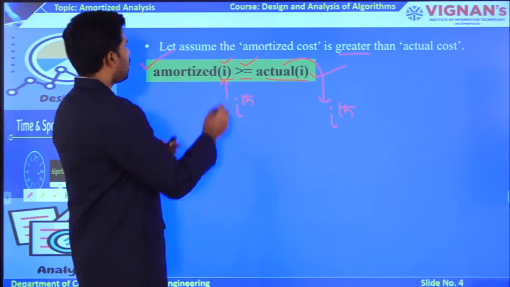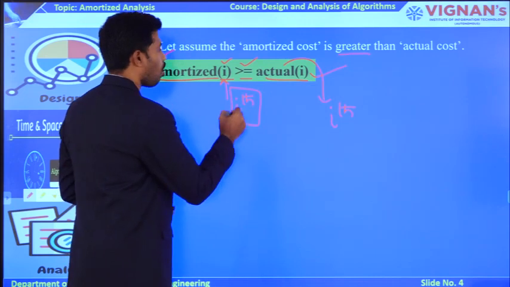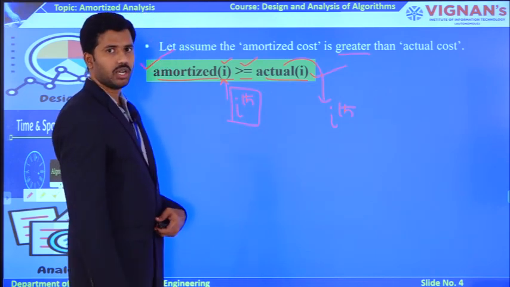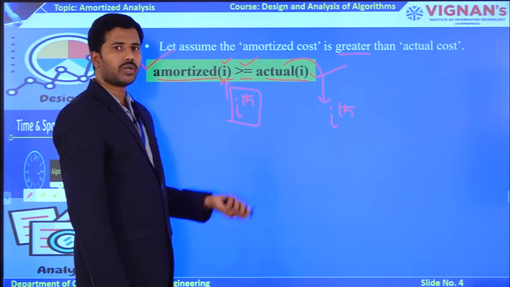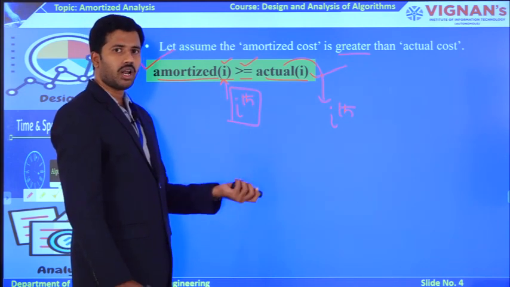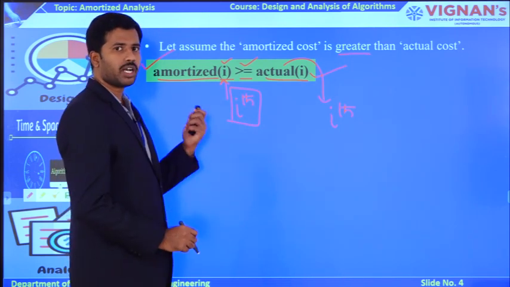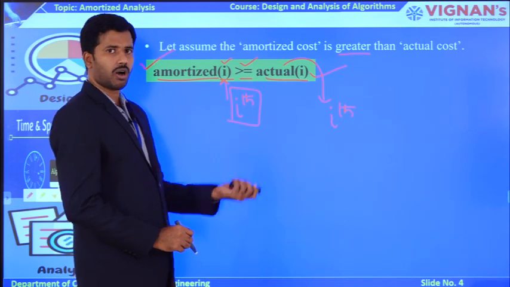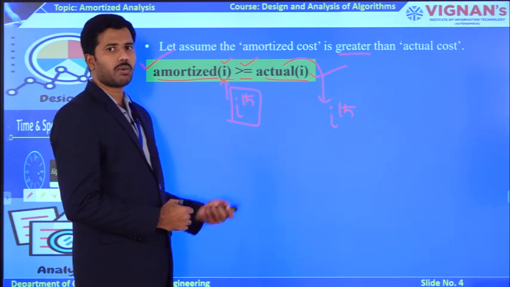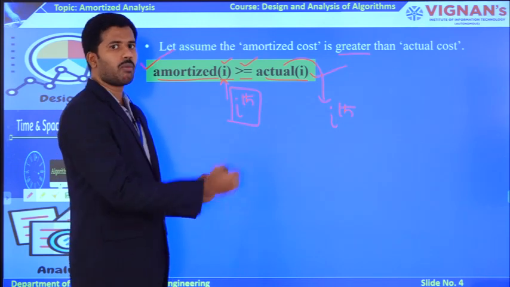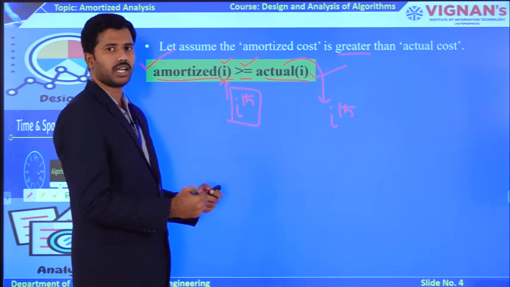So amortized of i gives the cost for only the ith operation, but your algorithm has n operations, right? Now how to get the amortized cost for all the instructions? Ultimately you need to apply the sum on all the operations in the algorithm, so that you can get the total amortized cost as well as the total actual cost of your algorithm.